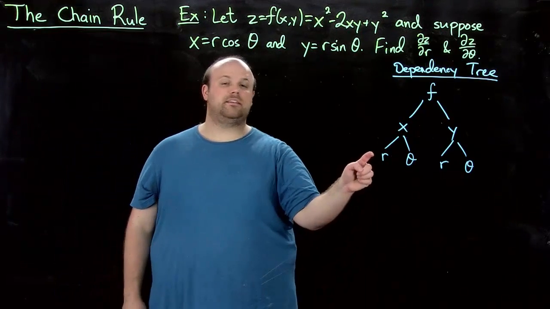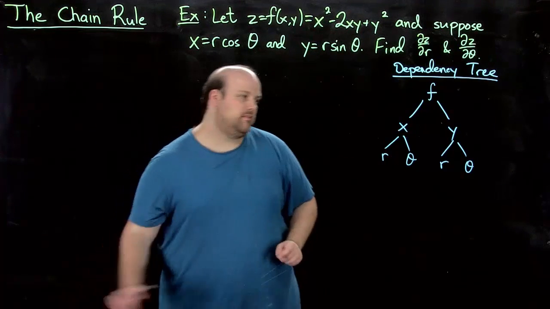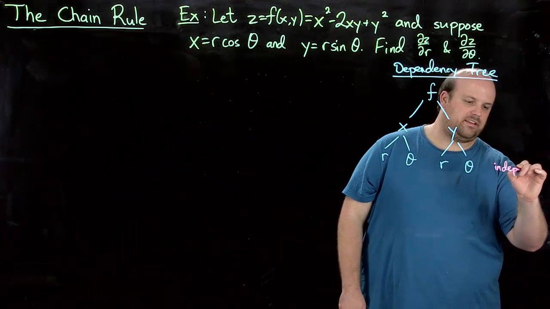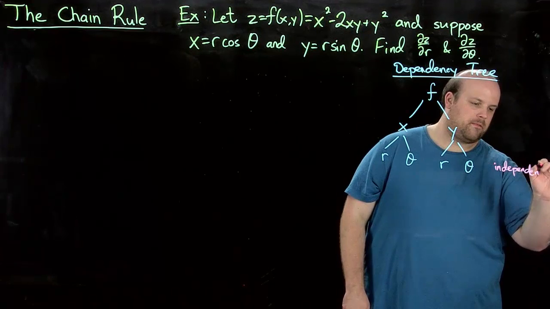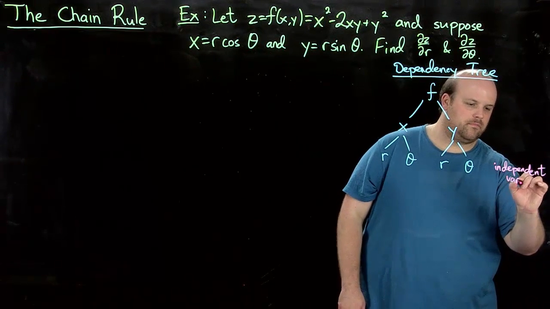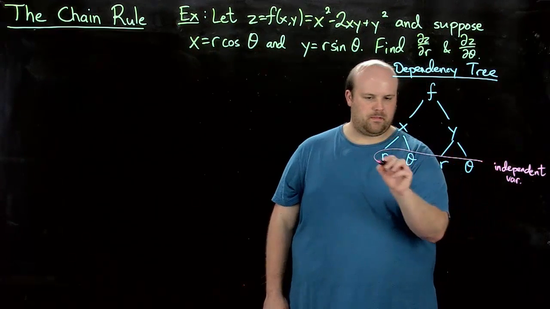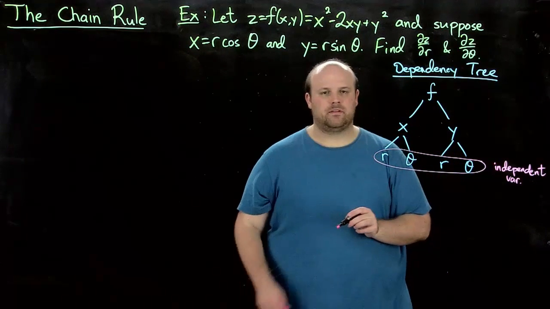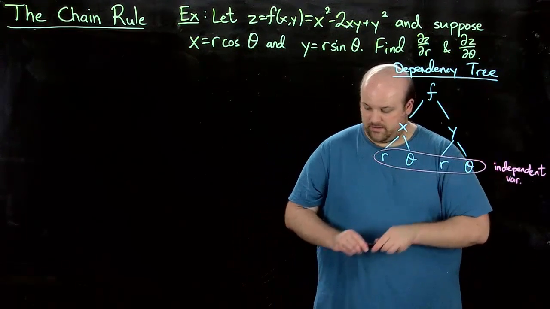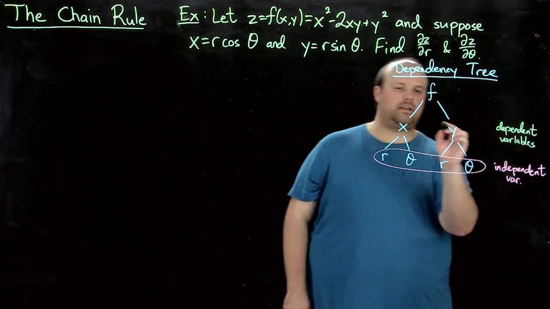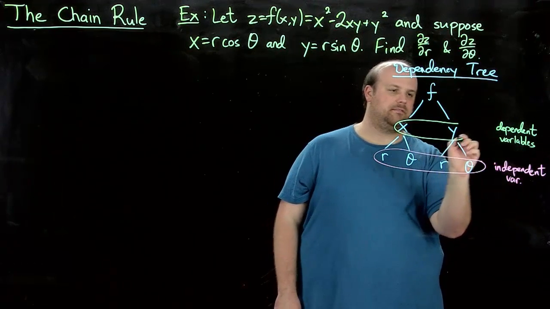where these are the independent variables. Let's write that: independent variables. And so that's this level. And then we have the dependent variables, and that's this level.